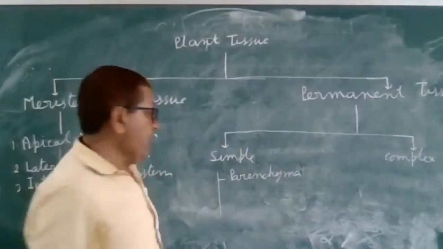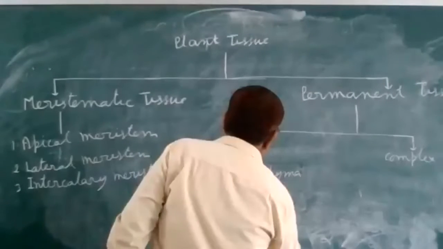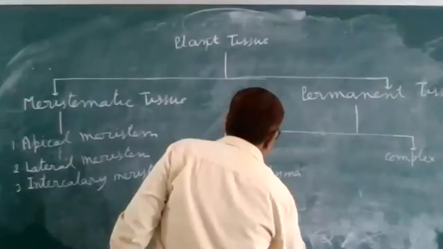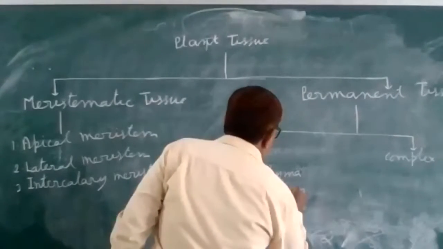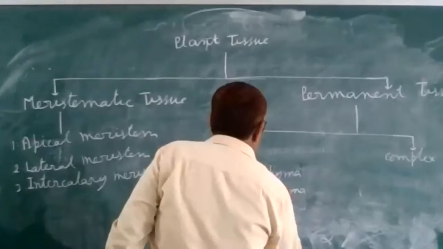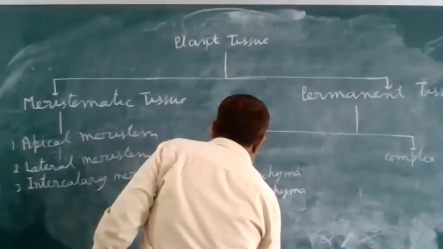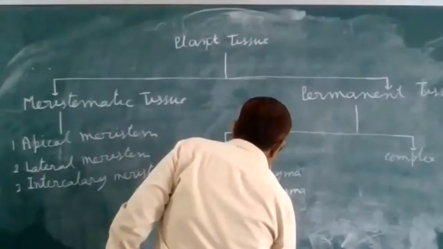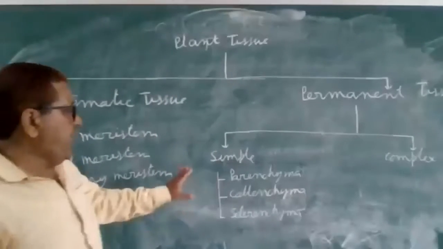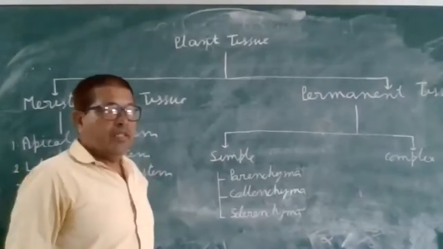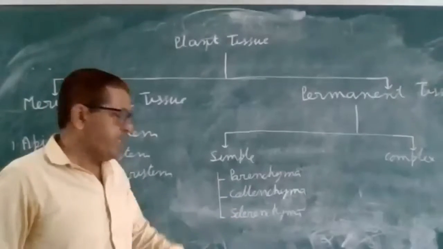Number one is parenchyma, second one is collenchyma, and third one is sclerenchyma. Three types of simple tissue are there.